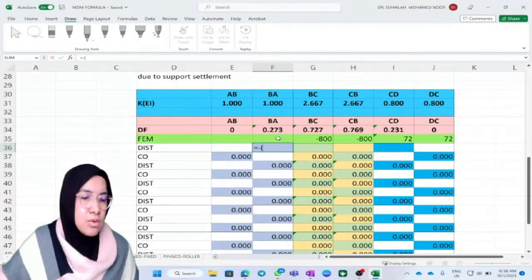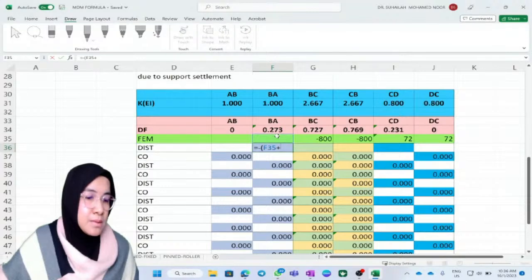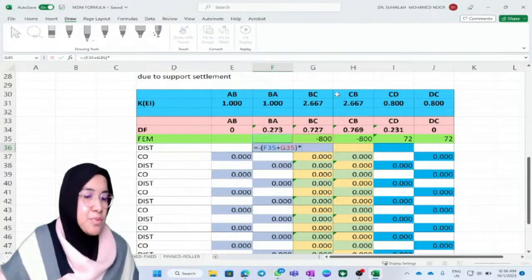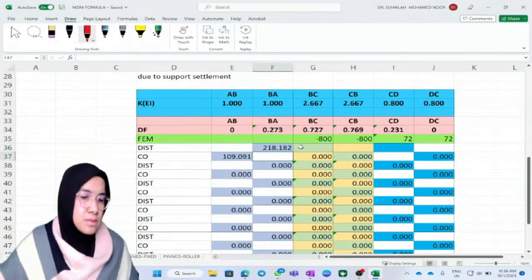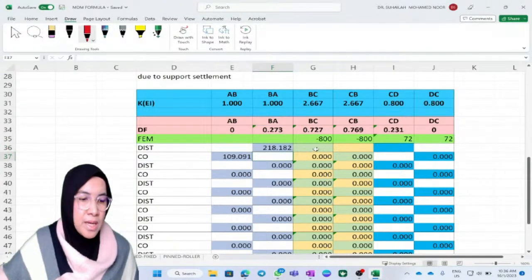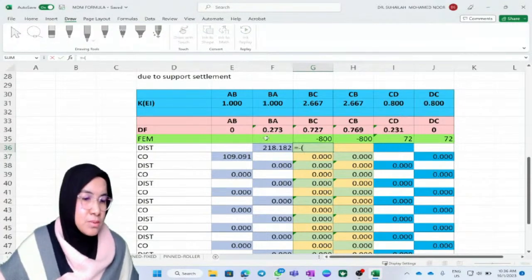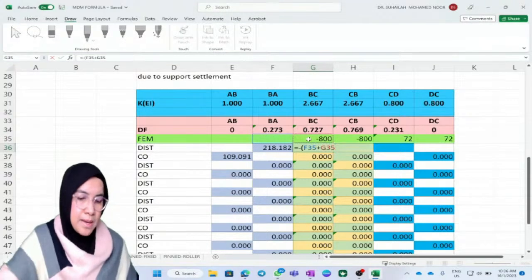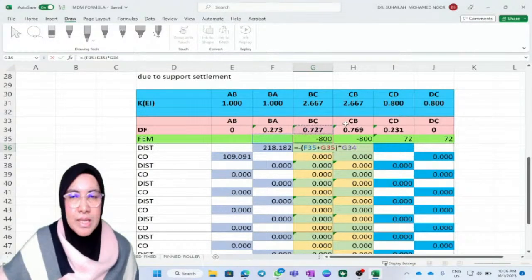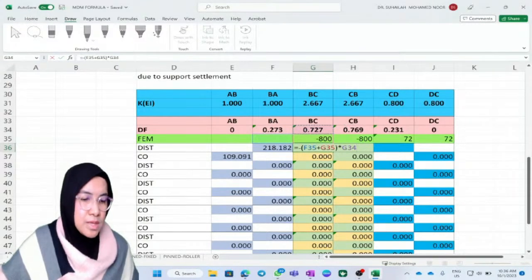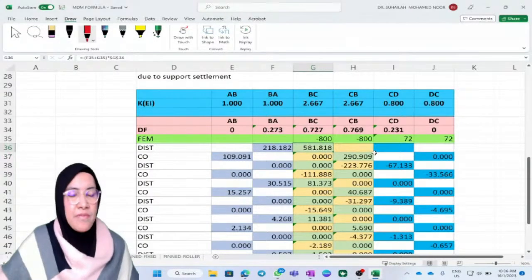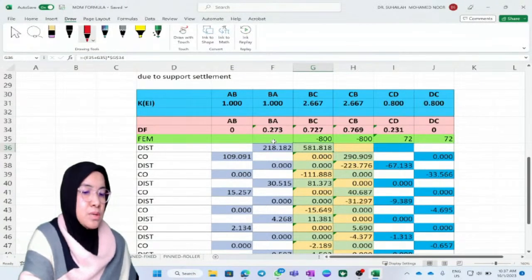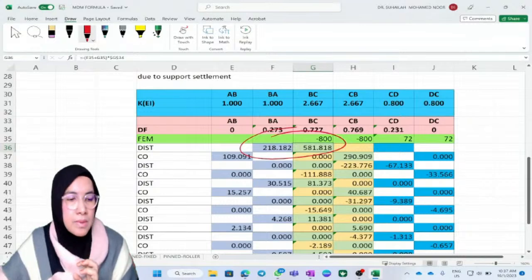At joint B, this is 0 for BA plus BC times factor 0.273, we get 218.182, and BA plus BC times 0.727, we get 581.818. Total this must equal 0.